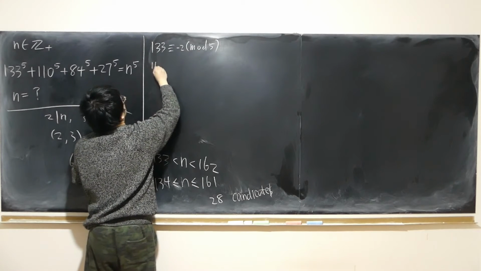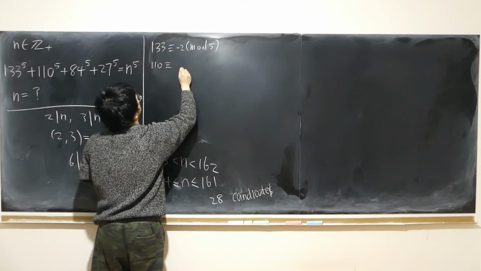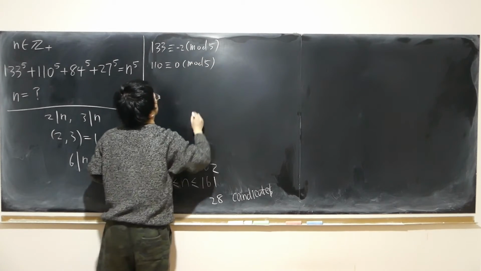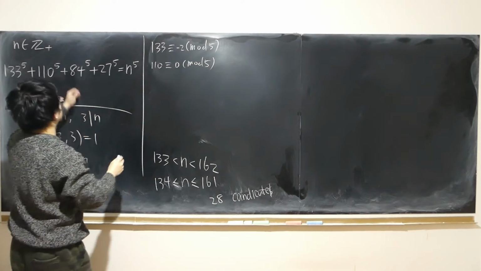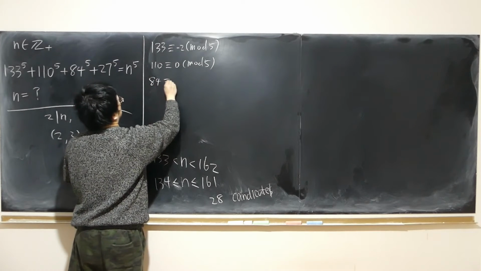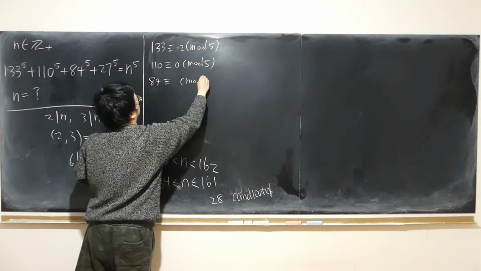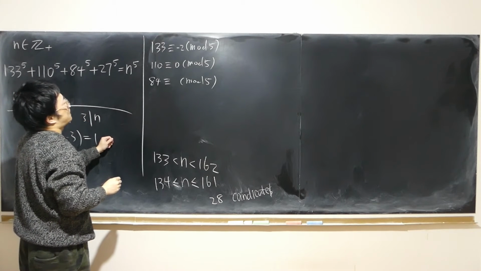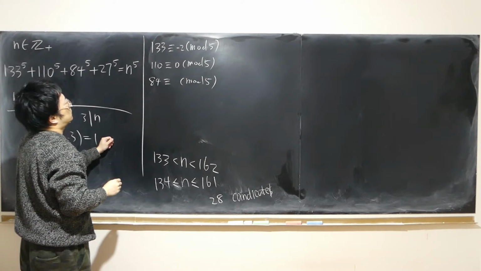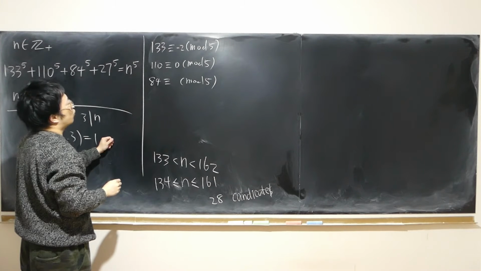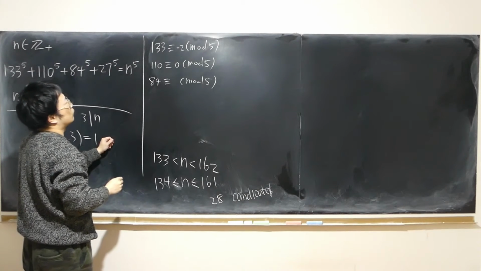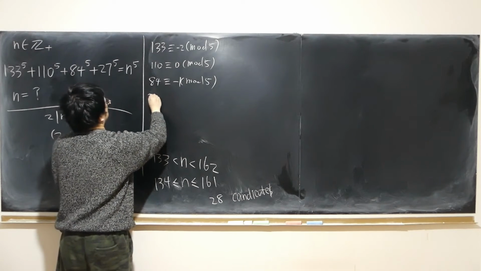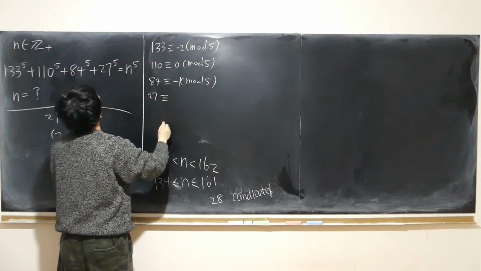And also 110 must be, of course, divisible by 5. 84 is what? I think it's 4, in other words, negative 1. And also 27.